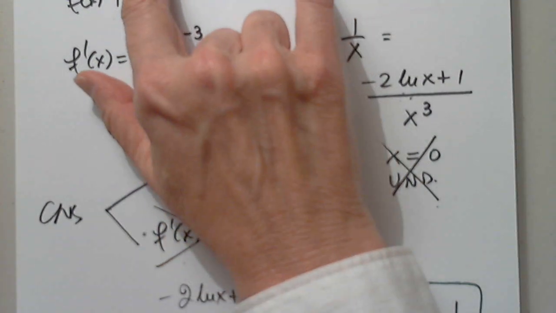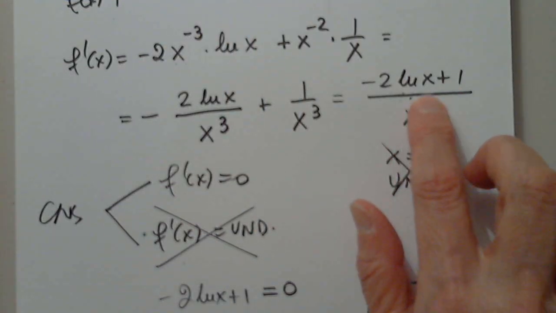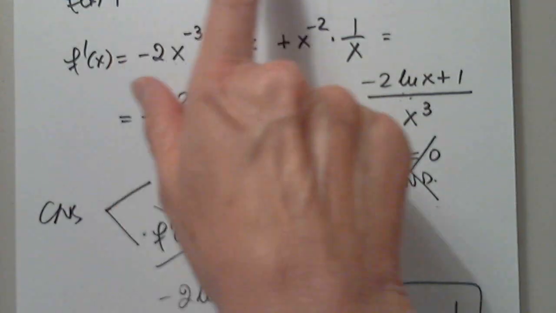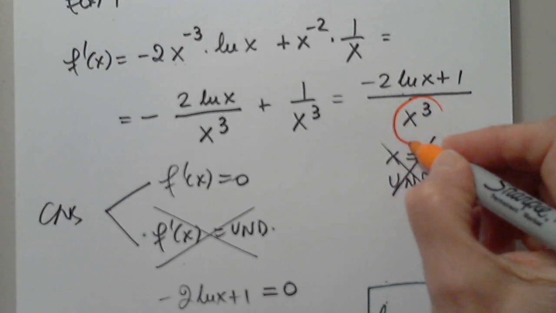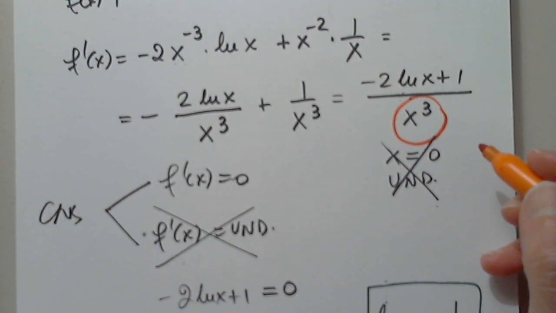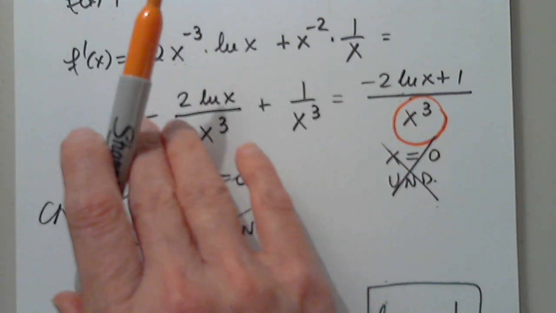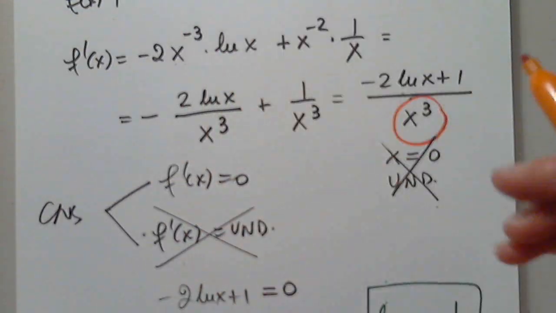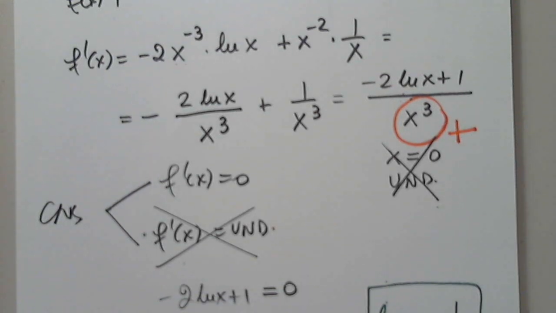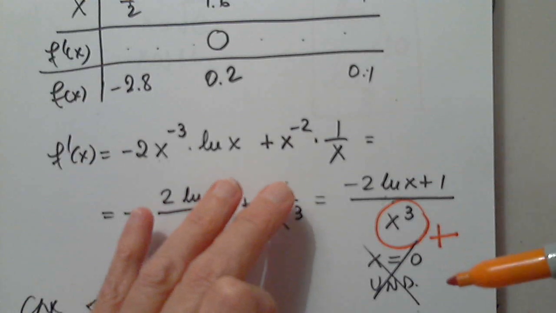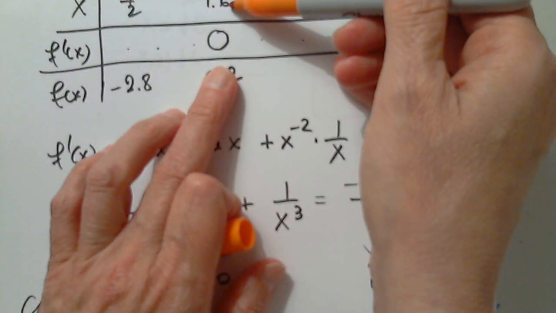Now, on the interval 1/2, 4, what type of sign does x cubed have? On the interval 1/2, 4, what is the sign of the denominator? On the interval 0.5 to 4. Positive? Always. Perfect. So now, all I have to do is, in the derivative, plug in a number to the left of 1.6.